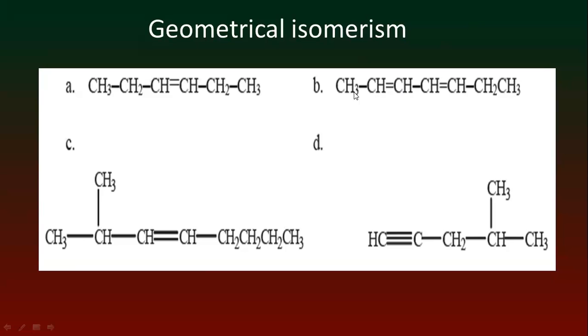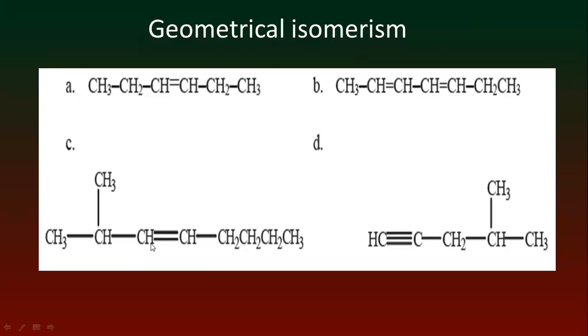That's why compound B undergoes geometrical isomerism, and it will give two types of isomers, cis and trans. And the next one, compound C: here the double bond is present around the carbon atoms, and each carbon containing the double bond has two different groups, one isopropyl group and one hydrogen group.